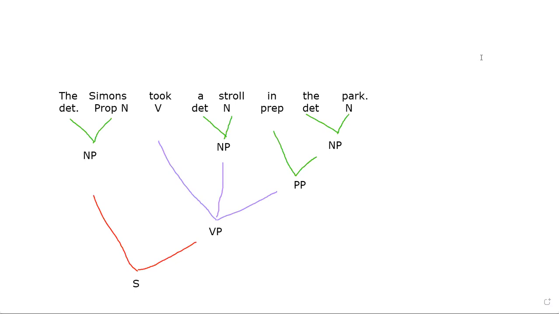And when you're finished drawing your tree diagram, right, you need to ask yourself a few questions. And then if you can visually see the answer to your question, you know you've drawn the tree diagram correctly, okay? So we start with the main sentence. That's that little S down at the bottom. We know that a sentence needs a subject and a predicate. Where's my subject?